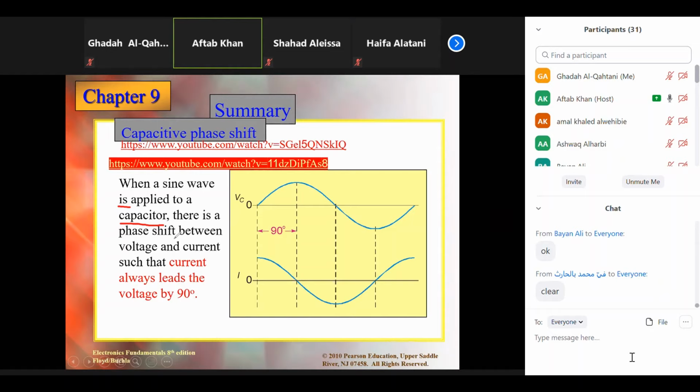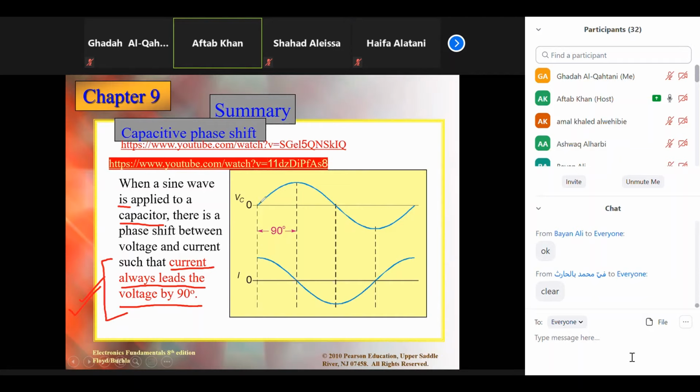When you apply a sine wave to it, it produces a phase shift between voltage and current, such that current always leads the voltage by 90 degrees. And this one can be asked in a multiple choice question or somewhere. Very important point. So what is that? The current leads the voltage by 90 degrees.